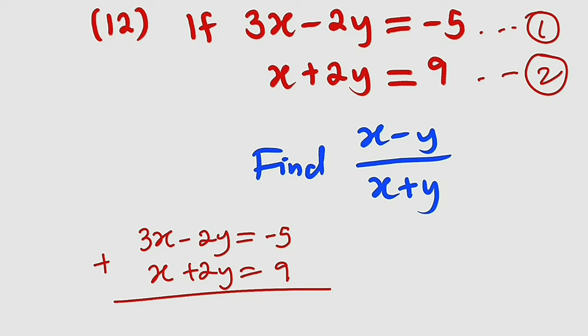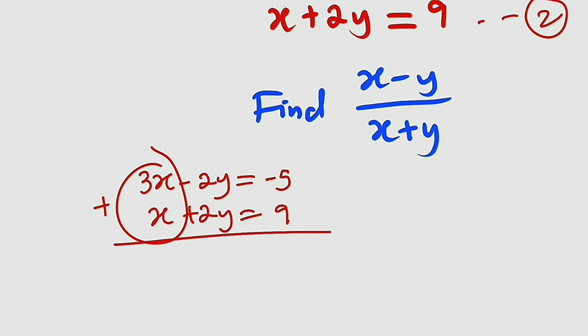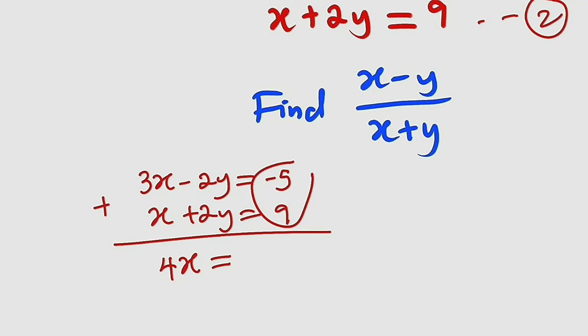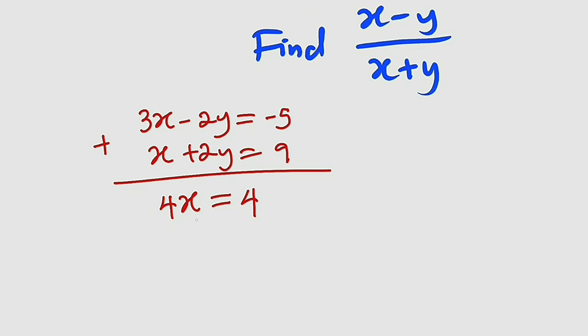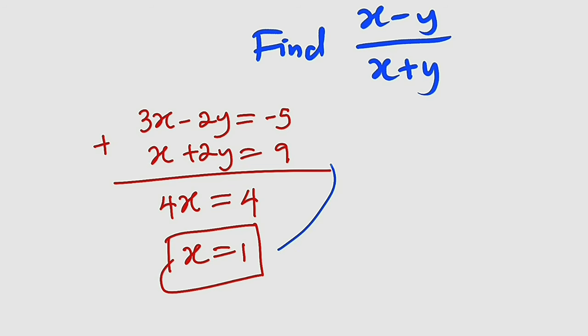Remember, we are adding. So this plus this will give us 4x. This plus this will give us 0. We move to the right. This plus this will give us positive 4. Then as you divide both sides by 4, you have x equal to 1. If x is equal to 1, what will be the value of y? We can plug it into either this equation or this equation.